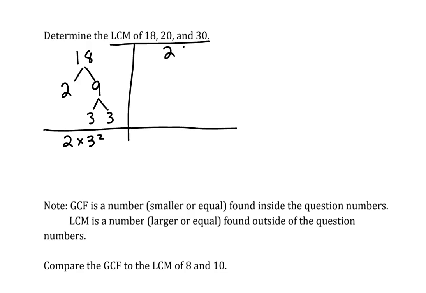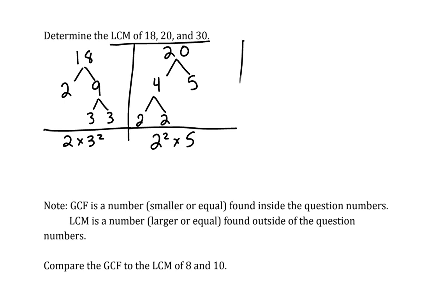Let's do the same thing with 20. So the prime factorization of 20 would be 4 times 5. 5 is a prime number. I can't break it down any further. But 4 can be separated out to 2 times 2. So the prime factorization of 20 would be 2 to the power of 2 times 5.